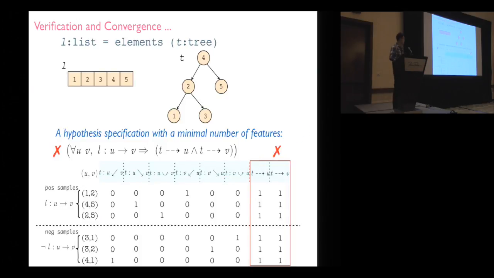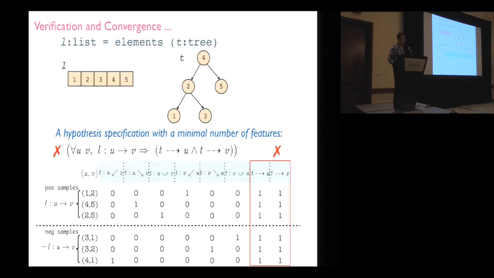Our learning algorithm will never produce such a too-coarse over approximation because it can't use the two containment predicates, T containing U and T containing V, without the corresponding positive samples and negative samples to that particular output feature predicates.